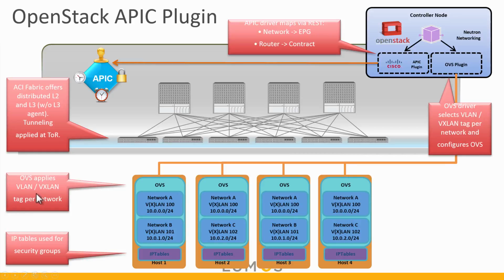Then OVS applies the VLAN or VXLAN per the network, and for security, we're not using contracts, but iptables are done through security native in OpenStack. So this is actually not a component of ACI in this particular early release model.